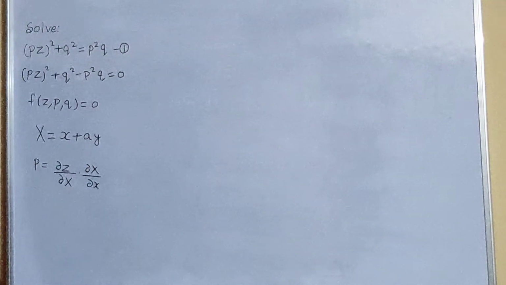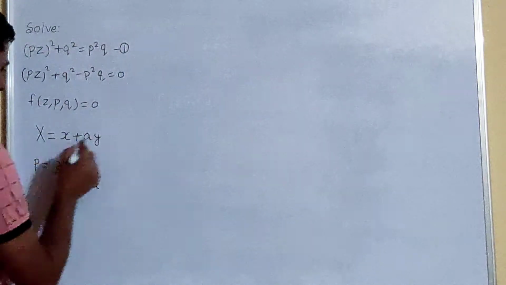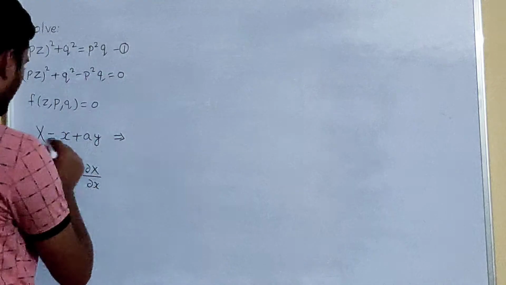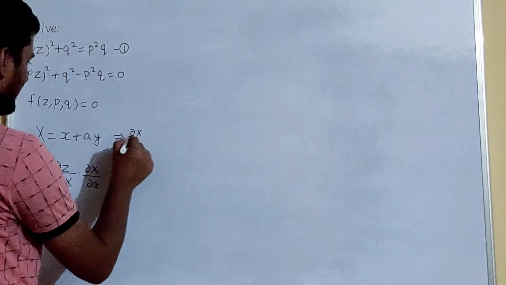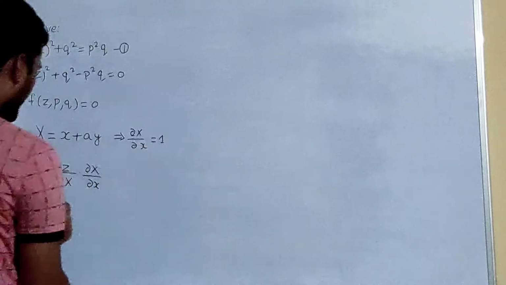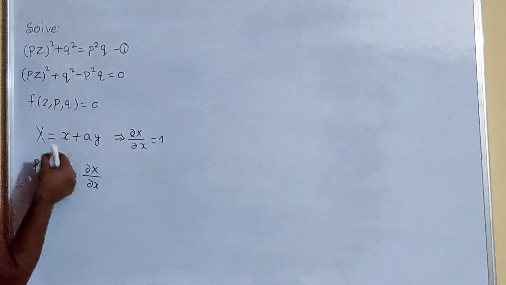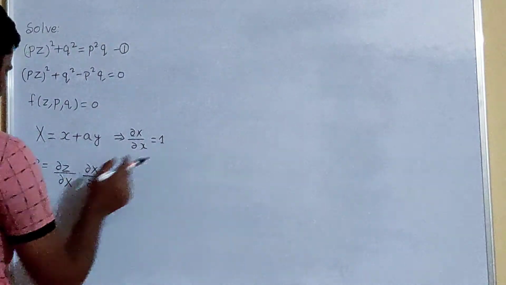Now, what is del capital X by del x? If I find del capital X by del small x, I am going to get 1, because I will treat this as constant. So this became 1.